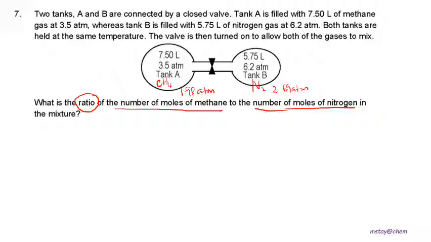In this case, because now we have the partial pressure for CH4 and the partial pressure for nitrogen gas, and we also know the total pressure, with this information we are able to determine the mole fraction of CH4.